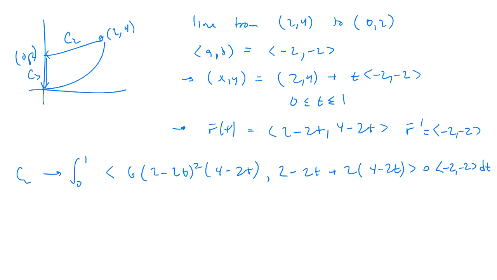Okay, so I'll only do C3. And to show that sometimes it'll be nicer, this one I might actually do. So here it's the line from 0, 2 to 0, 0. So one of them is easy. So here's a parameterization. Well, x is obviously 0, because it's 0 on the full path.